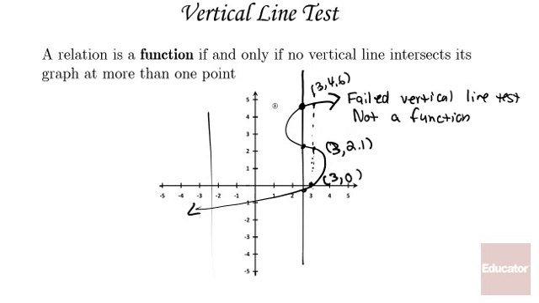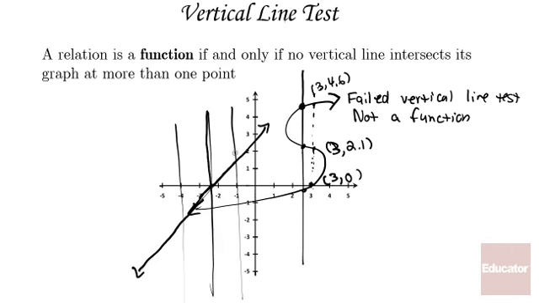Okay, consider a different graph. Consider a graph like this of a line, a straight line. Now, anywhere that I pass a vertical line through this graph, it's only going to intersect at one point.